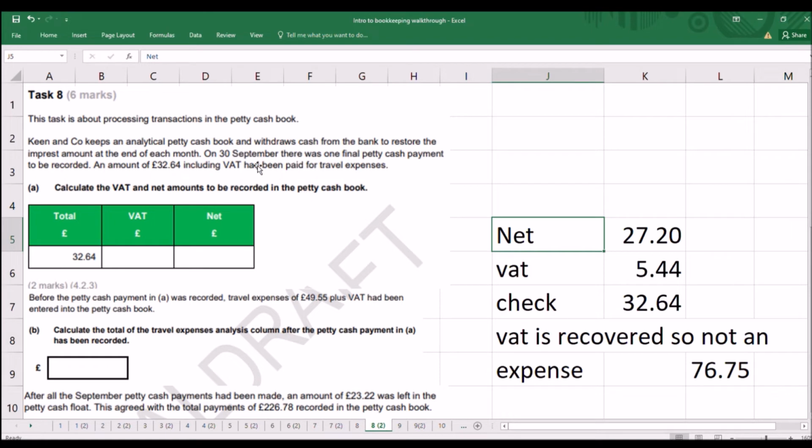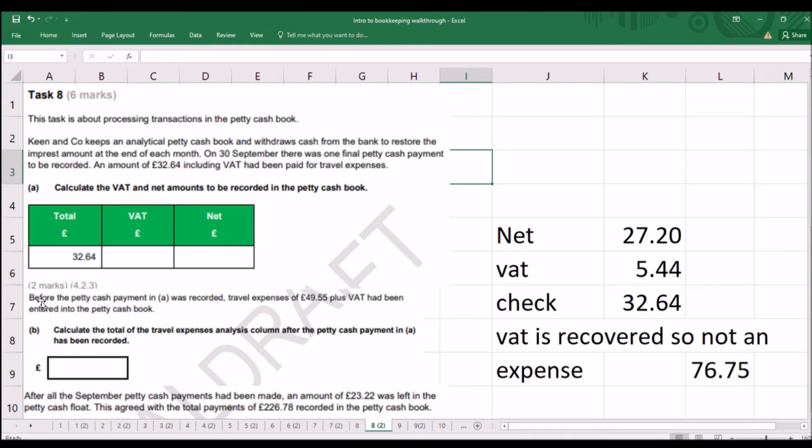Now in this one, I think it says that VAT is recovered, and because VAT is recovered then it's not an expense, and that's why the VAT amount would be in this part here and the net amount would be in there. If the VAT wasn't recoverable, then it would all go into the net figure. That's not how it is.